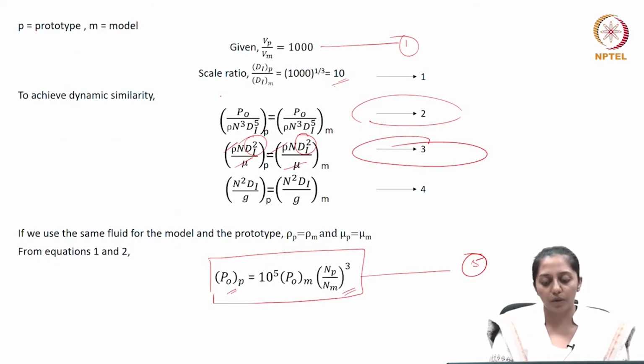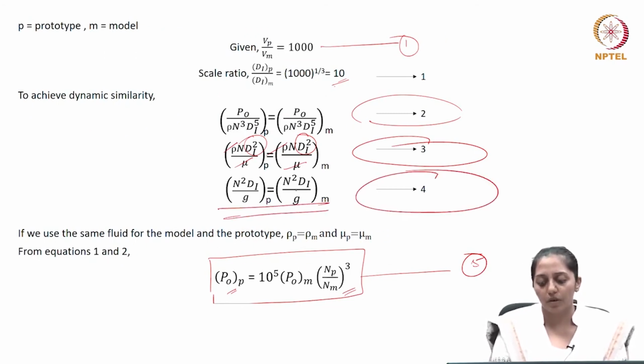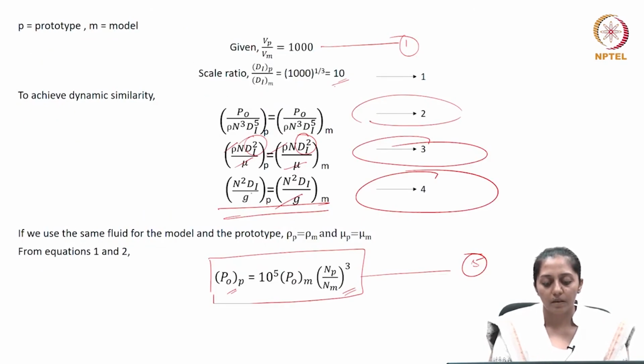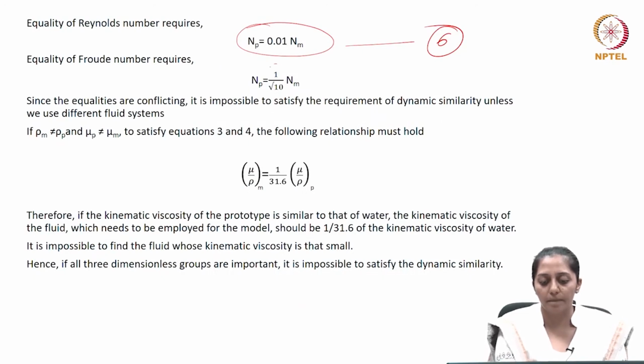And if you do the equality of Froude's number given in equation 4, then the linear dimension factors are known, the gravitational constant value is the same, and linear dimensions are related by a factor of 10. So your impeller speeds at prototype and model can be related as the square root of 10.